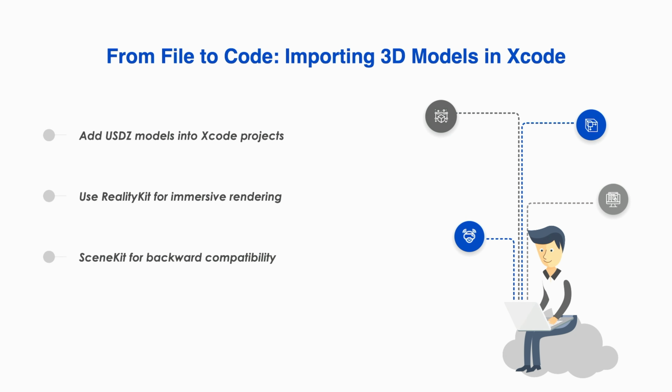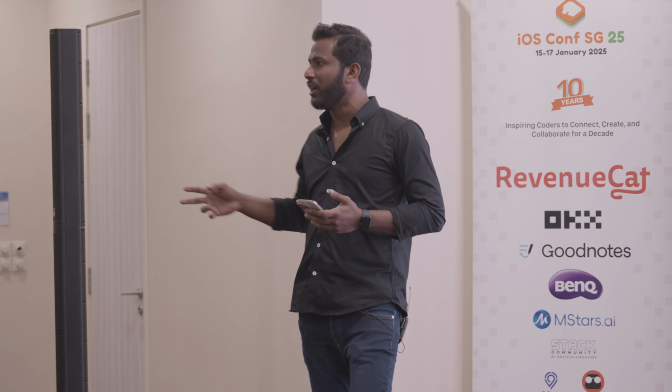So use these wisely: if your application needs to support older versions, with backward compatibility, then you need to stick to SceneKit. If you want to do more AR and more the SwiftUI way, then you can use RealityKit.